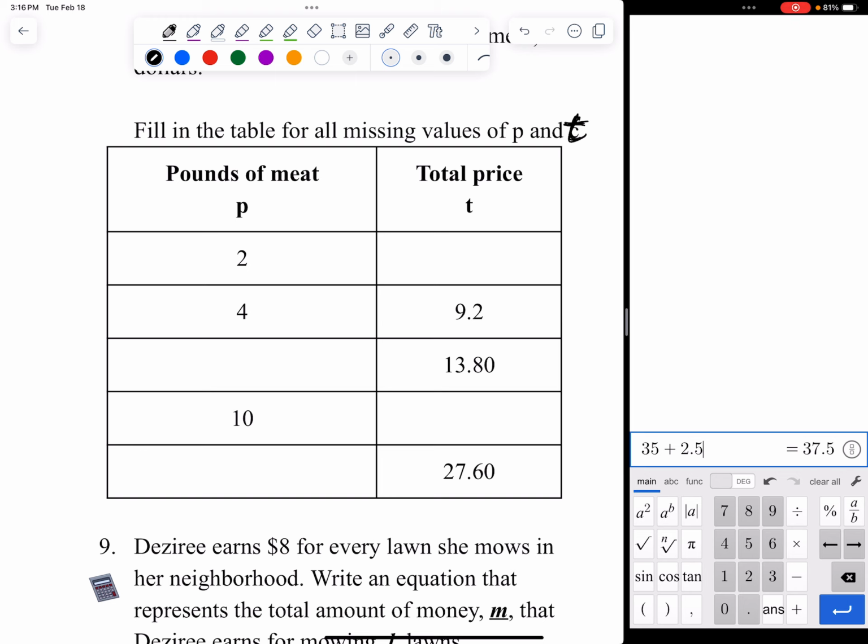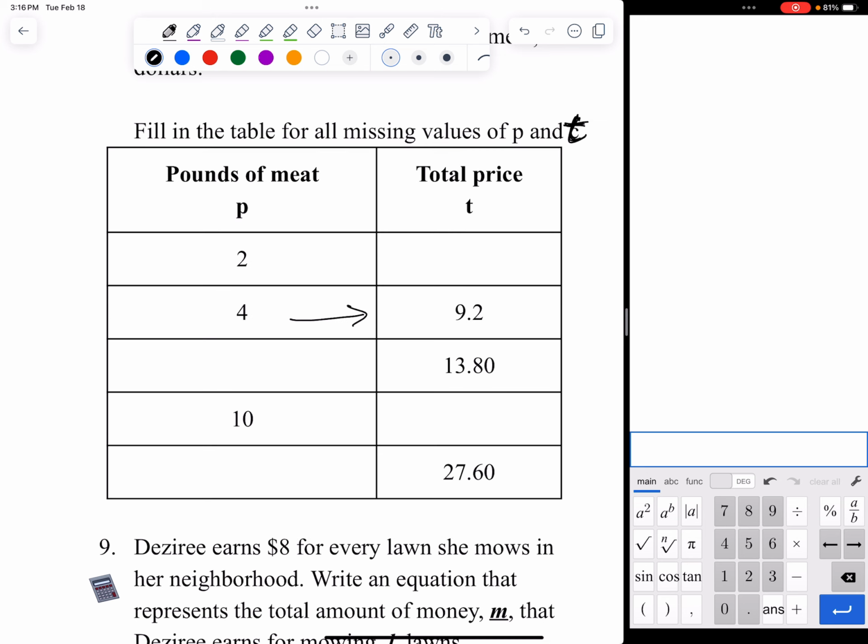All right, so let's see. How do we figure this out? Same idea. How did I get there? Well, what have we been doing to find our rate? We've been dividing. So 9.2 divided by 4, and that gave us 2.3. Let me triple check. So 4 times 2.3. Does that give me 9.2?